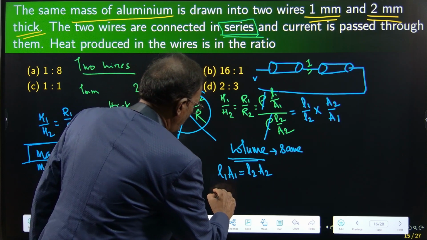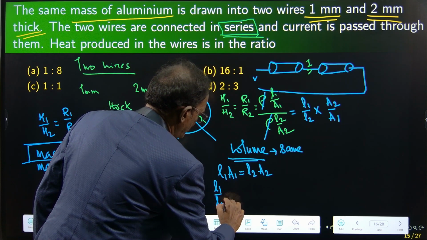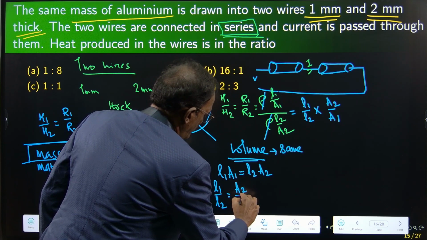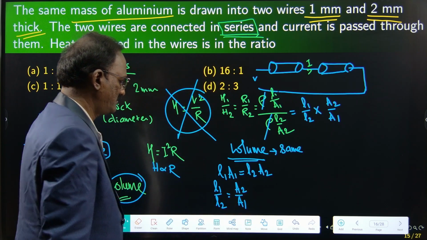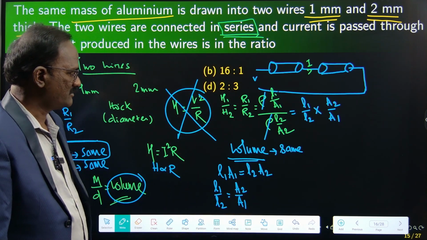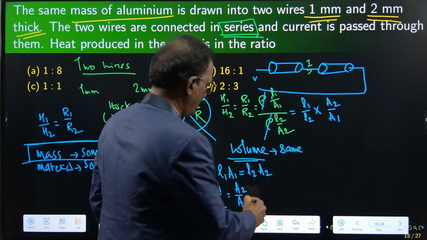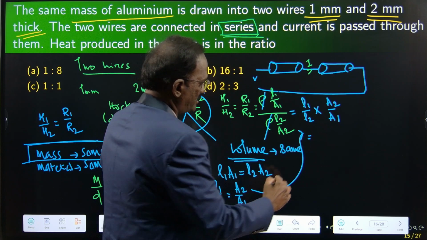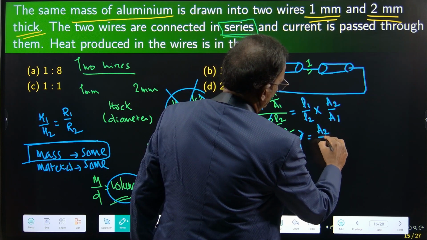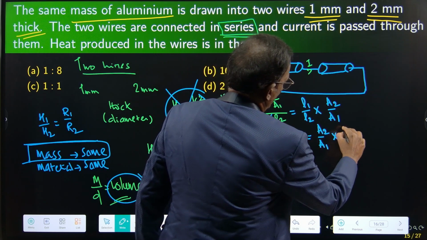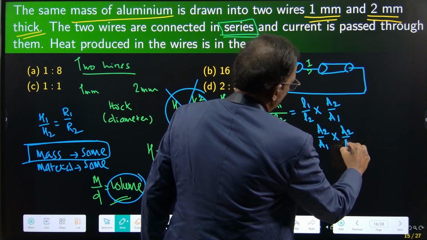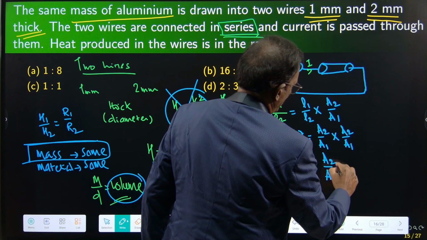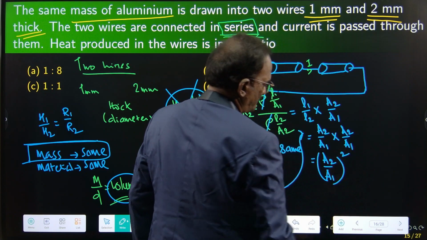So L1 by L2 is equal to A2 by A1. If I put this here, L1 by L2 is A2 by A1, and with the other A2 by A1, this becomes A2 by A1 square.